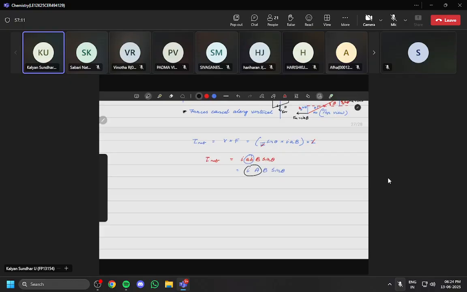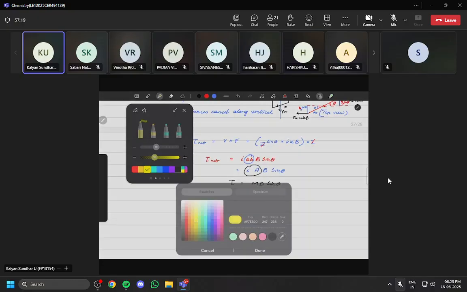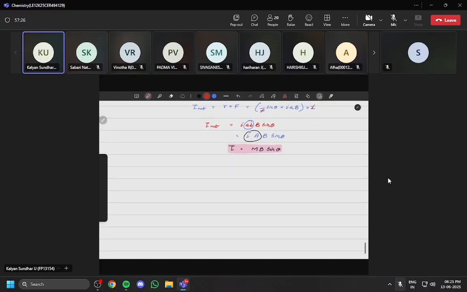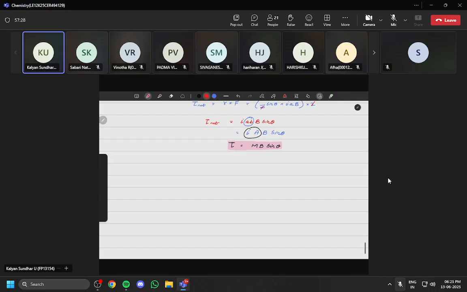The m vector. So I can write this as mB sin theta. This will be your torque. In terms of vector, if you write it down, tau will be equal to m cross B vector.